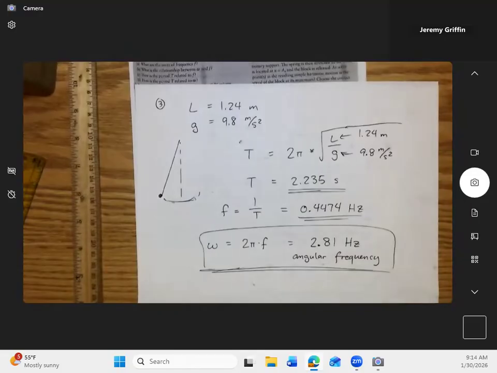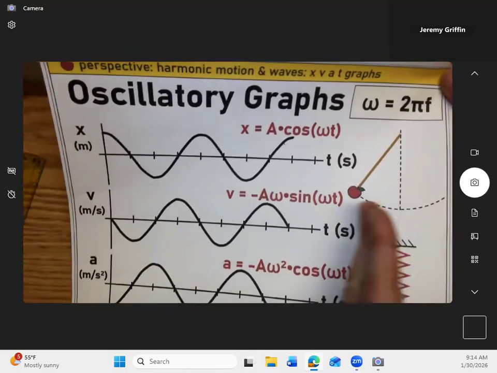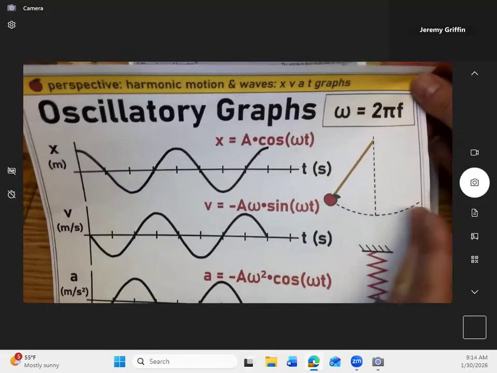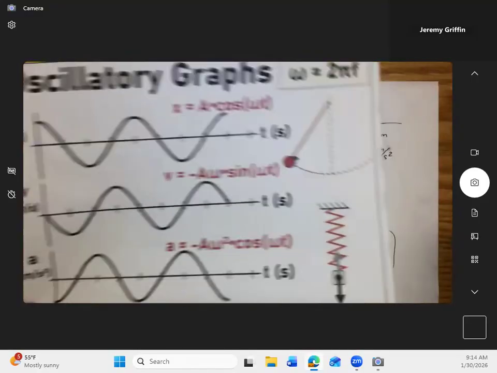What's the use of angular frequency is that if you want to describe the motion, or the position of the bob as a function of time, then that would be a good step to do.